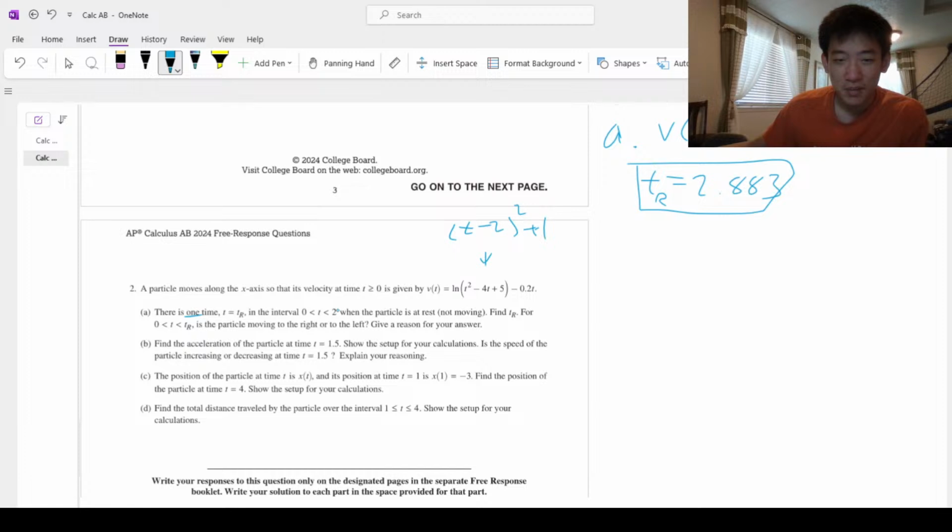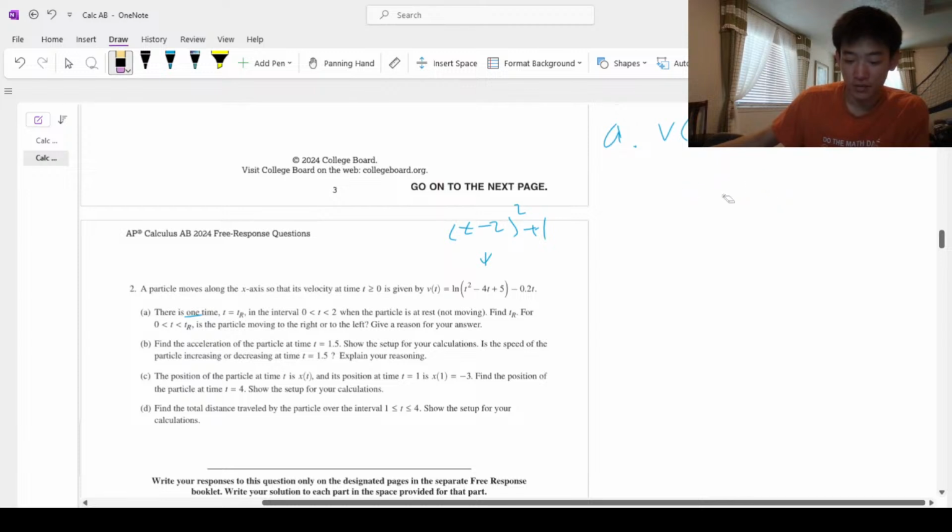I did not do this right, because this time is not in the interval, so I did something wrong. Let me go back. T from 0 to 2. Wait, this is definitely not correct because it's not in the interval.